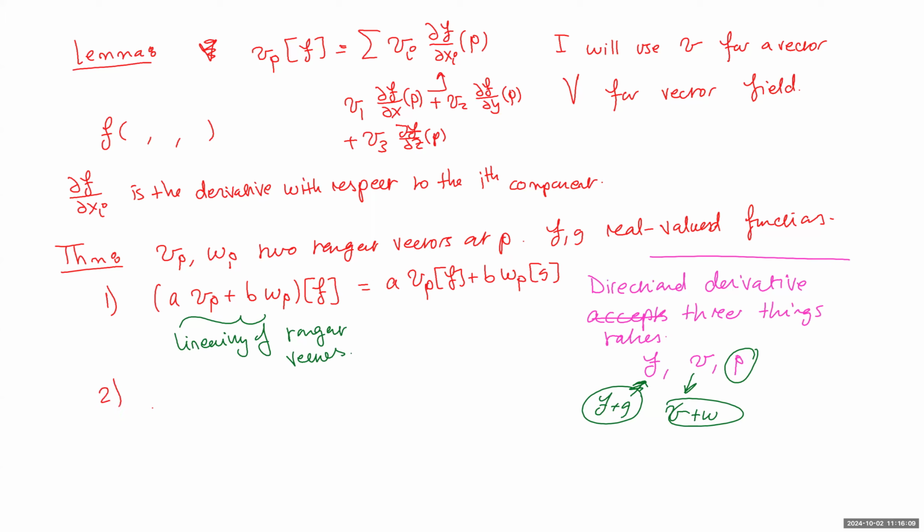We'll have another linearity. By the way, a and b are, for now, just real constants. They are not anything else. Now the third one, remember, product rule.